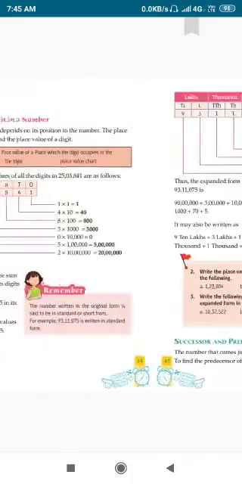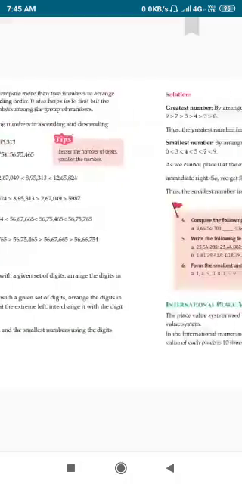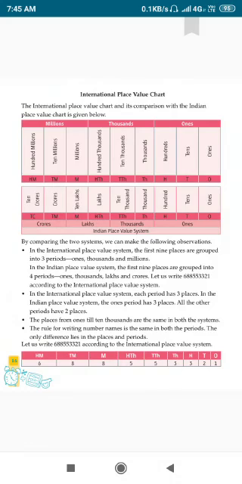The same applies to the international place value system. The place value system used worldwide is known as the international place value system. In the international numeration system, every period has 3 places, in which the first 9 places are grouped into 3 periods: ones, thousands, and millions.